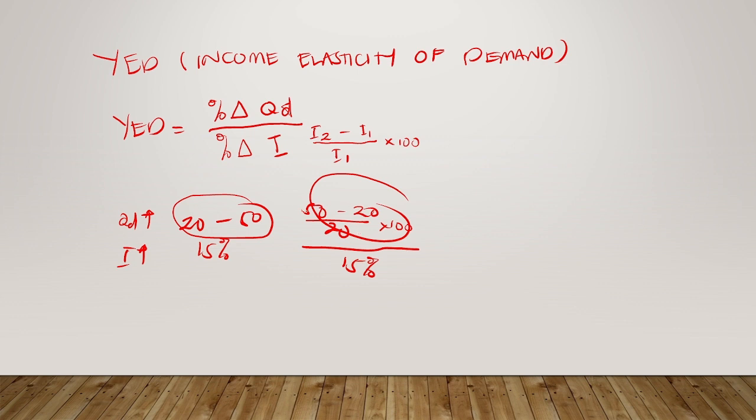So how much is that? 50 minus 20 divided by 20 times 100 is 150%, over 15%.